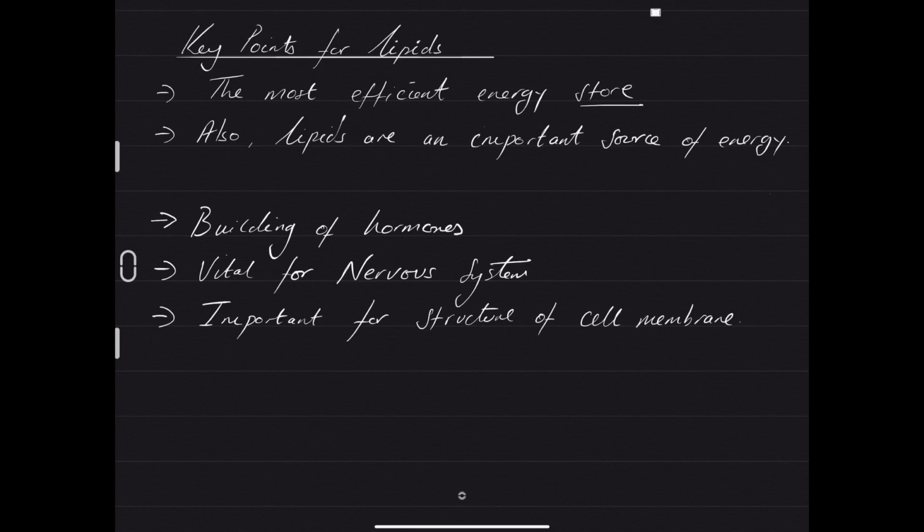At GCSE you do not need to know the phospholipid bilayer in detail, but if you do biology to A level, you will look at it in more detail and at how lipids play a vital role in constructing the cell membrane.